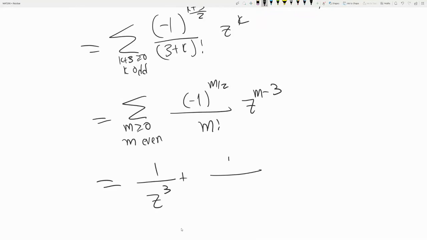If you put m equal to 2, which is the next even number, you get minus 1 over 2 factorial, and then 1 over z. And then it becomes constant.